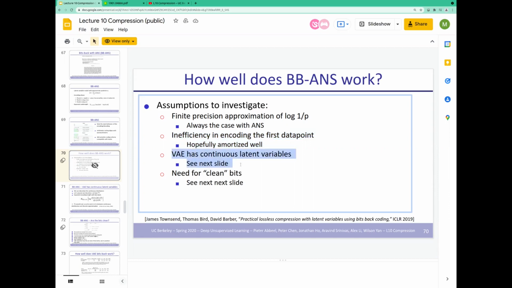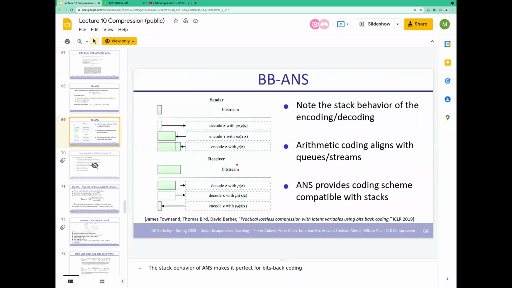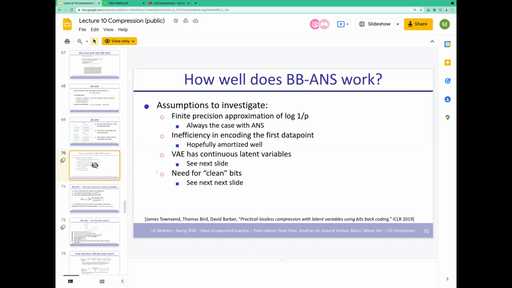VAE has continuous latent variables, so that has to be dealt with because the Z is continuous. And then the need for clean bits.